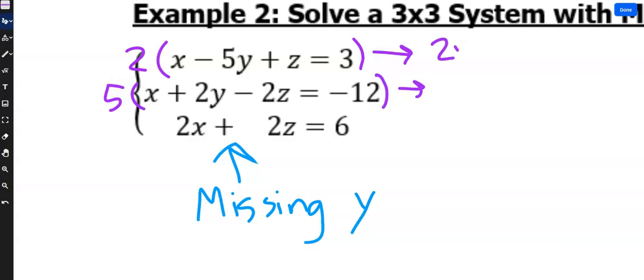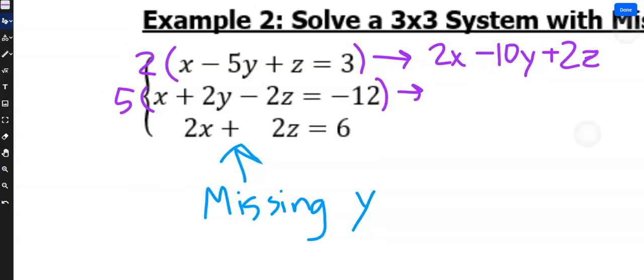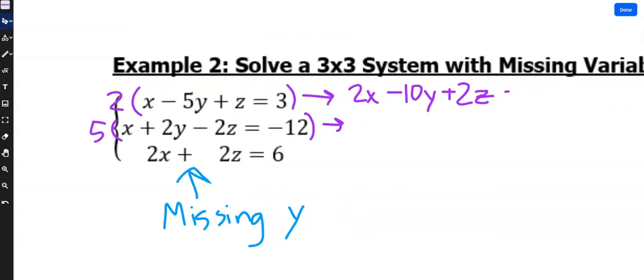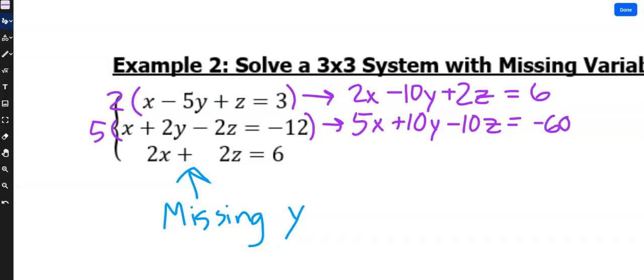So I'm going to get 2x minus 10y plus 2z equals 6 and 5x plus 10y minus 10z equals negative 60.